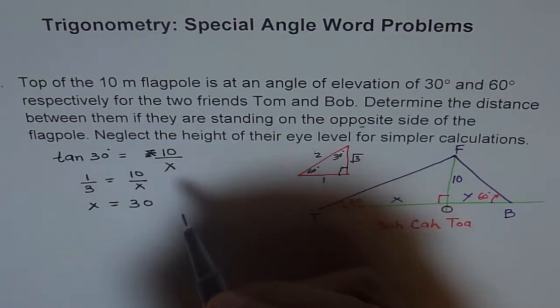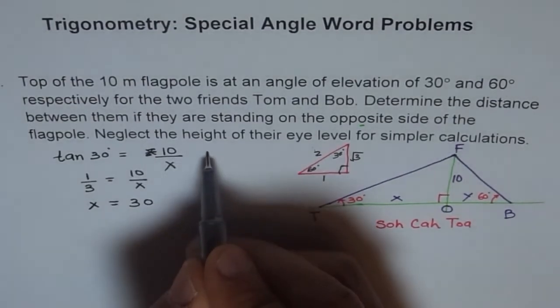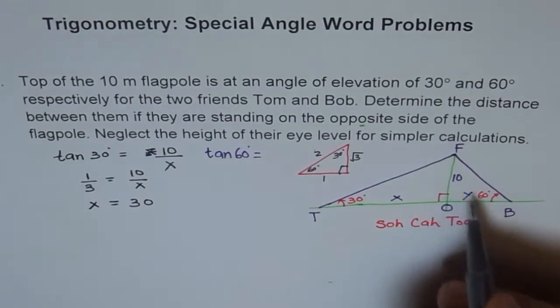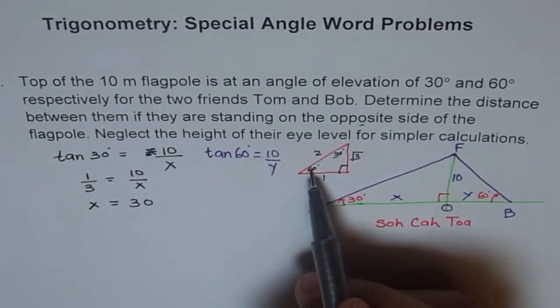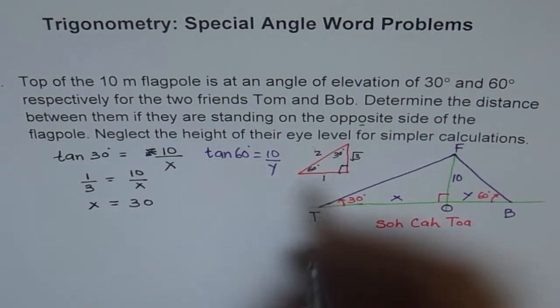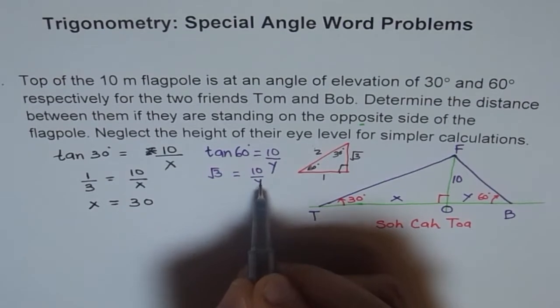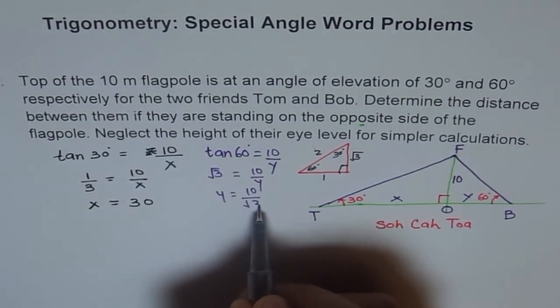Okay, so let me conserve space and give you the tan 60 solution here itself. So we'll say tan of 60 degrees is equal to 10 over y, right? Exactly the same procedure, and tan of 60 is what? Square root 3 over 1. So we can write this as square root 3 equals 10 over y, and therefore y equals 10 over square root 3.